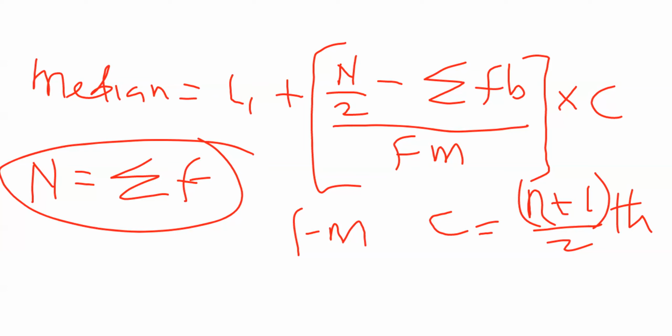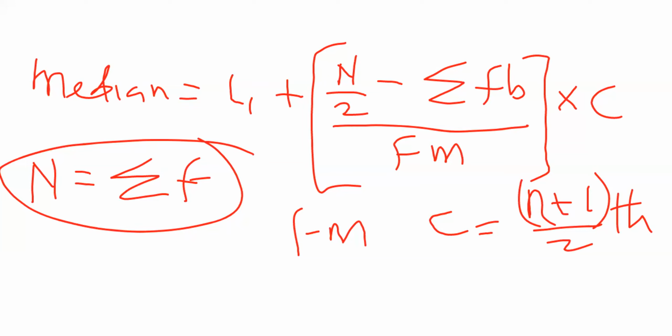So 20 and a half means the 20th number and the 21st number is the one that falls at the middle. And if you take time to start from the beginning, 5 plus 6 is 11. 11 plus 10 is 21. That means 165 to 169 is the median group.